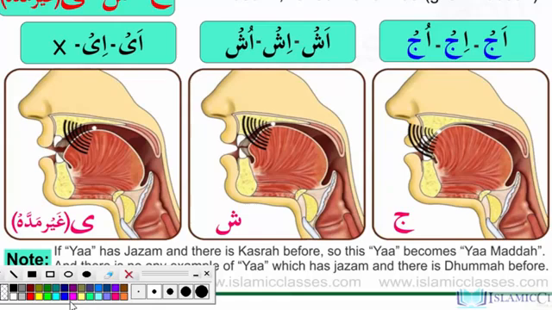Ghair maddha means without maddha. All right, so now we practice. Look in this image: the tongue is touching the hard palate, and when we touch this place, we pronounce the letter jeem, and we say jeem.